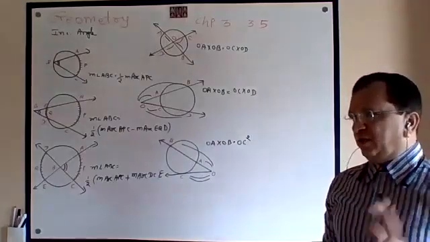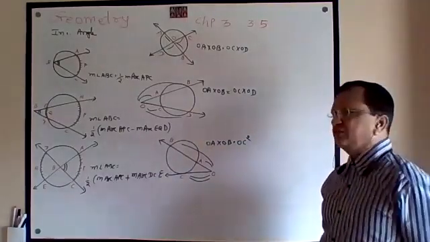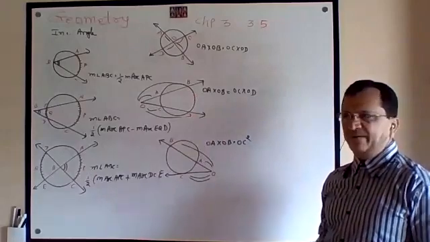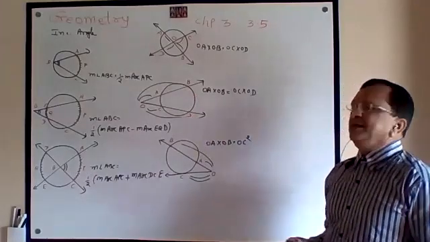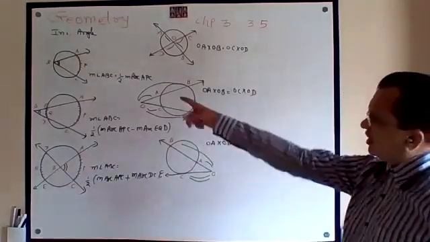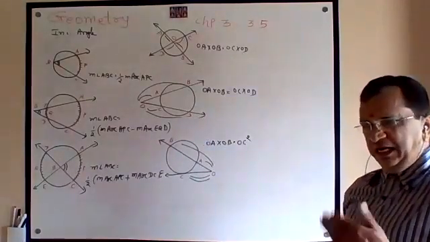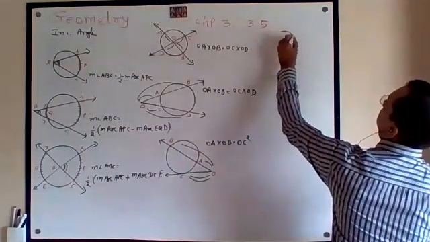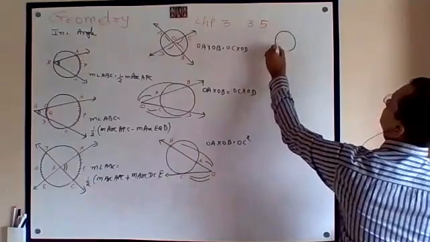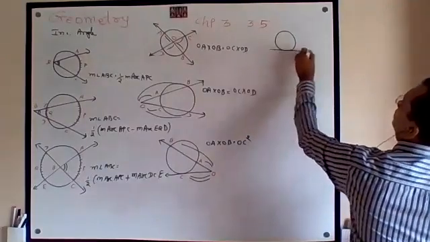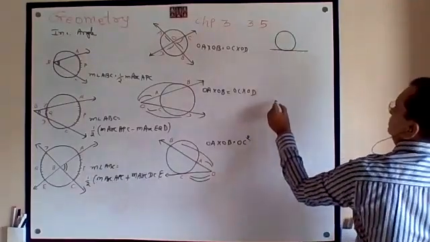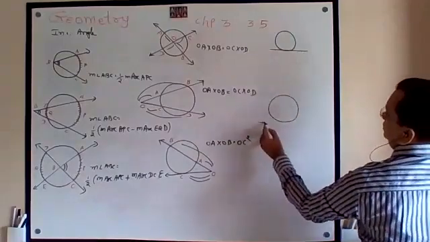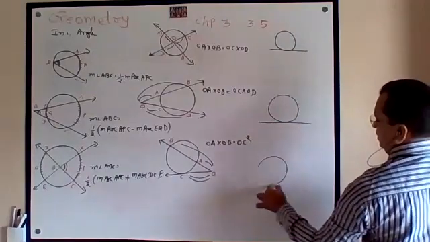Now three more formulas that are exactly the same as for inscribed angle. Inscribed angle inside, there are also three different shapes. First with secant, with tangent and one secant.